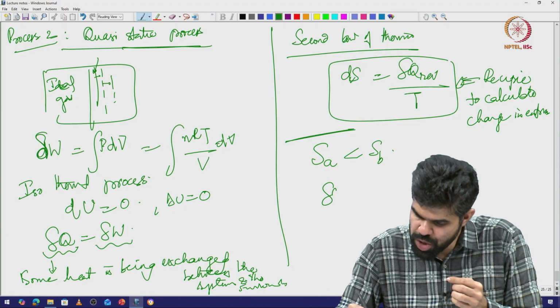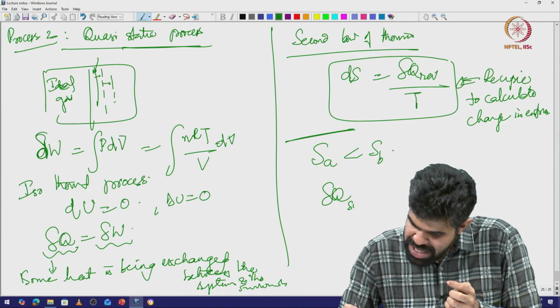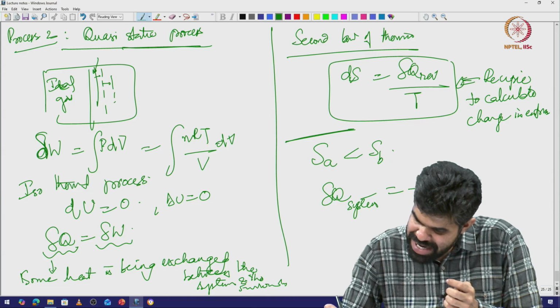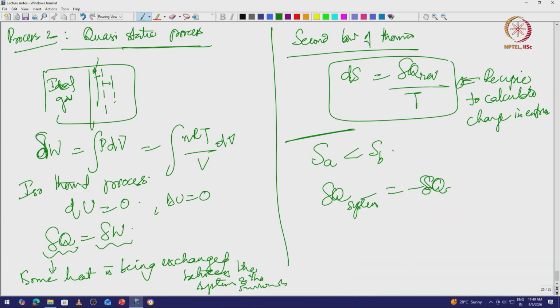So, delta Q into the system is equal to minus delta Q into the surrounding. Whatever the system is giving, the surrounding is taking. As a result, delta Q system by T is equal to minus delta Q surrounding by T.